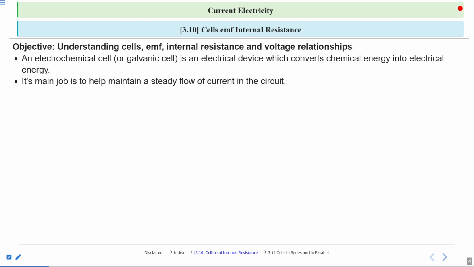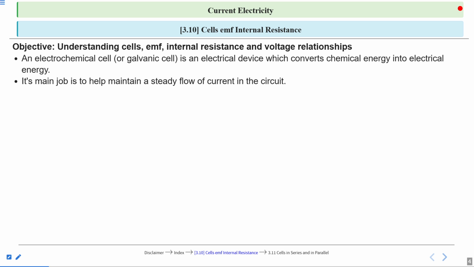An electrochemical cell, or galvanic cell, is an electrical device which converts chemical energy into electrical energy. In chemistry you have studied in detail that an electrochemical cell converts chemical energy, due to spontaneous redox reactions, into electrical energy.